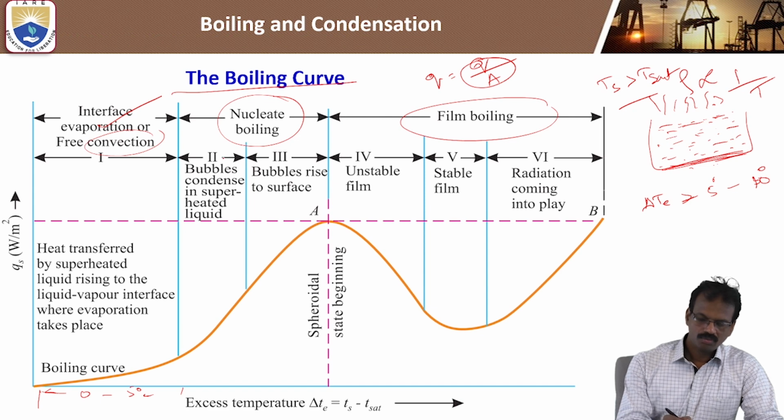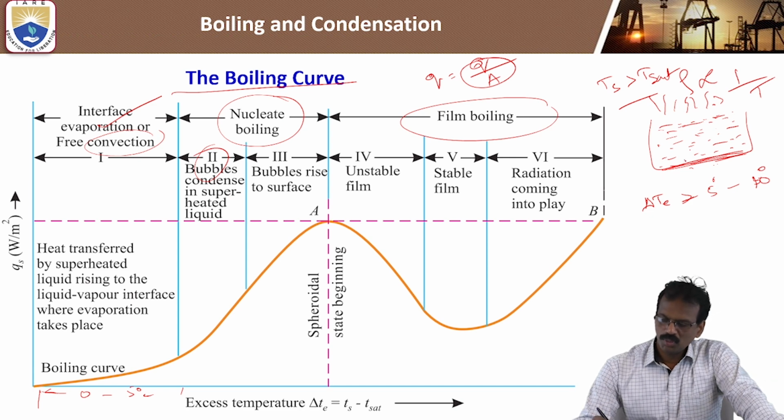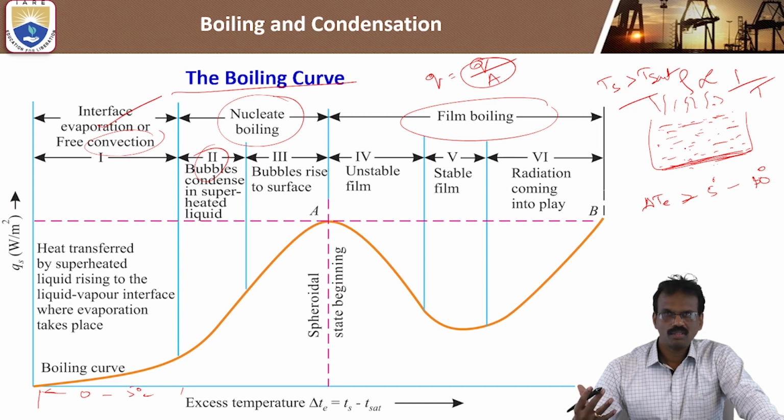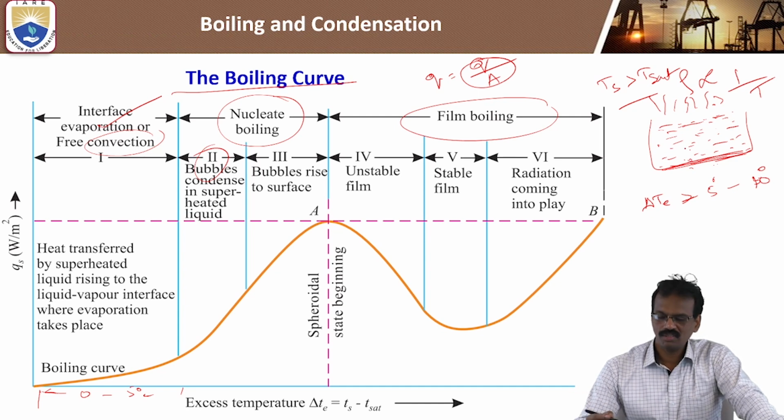So this is stage 2. Here we will see the bubble formation. It means the water very near the surface will be heated, and those particles of water are converted into bubbles. Because the density of the bubbles is very low, the bubbles move in the upward direction.